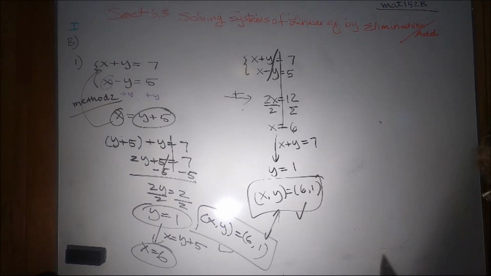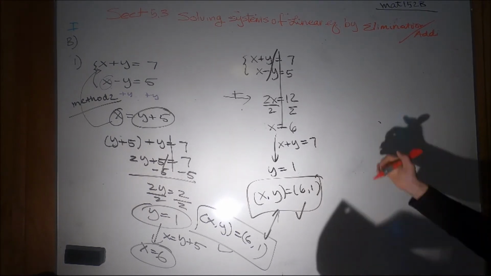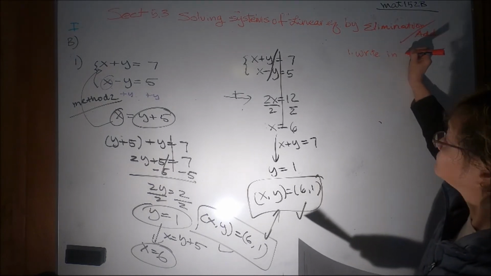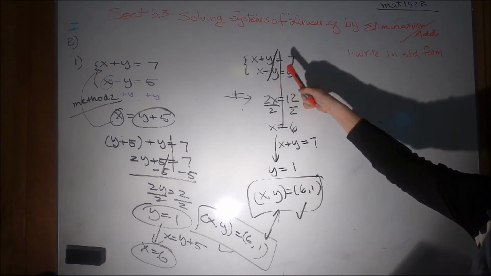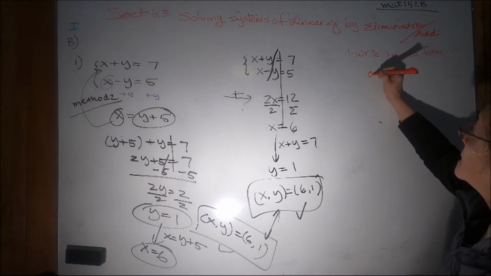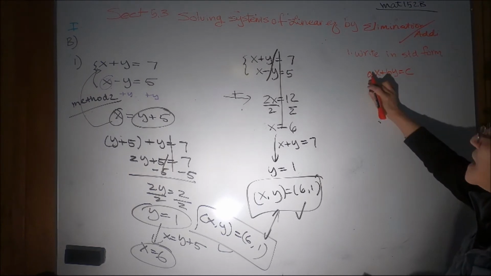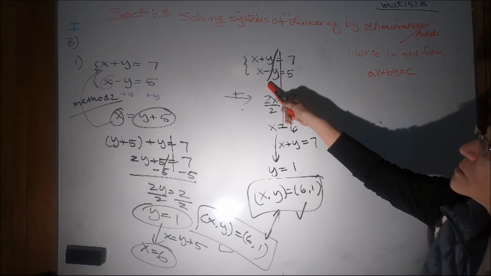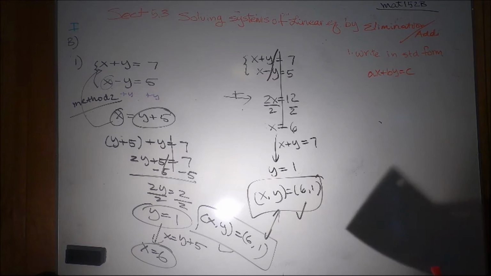So, how do we actually do it? First, you have to what? Write in standard form for both. What is standard form? We say it's ax plus by equals c. Both x and y on one side of the equation. So when you cancel out, they would be on the same sides.